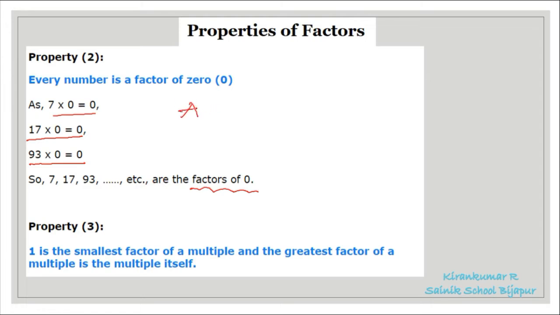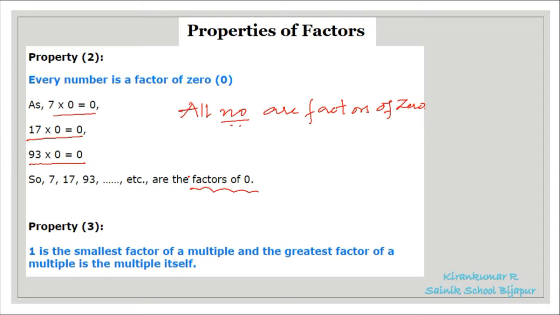So all numbers are factors of 0, because when all the numbers are multiplied with 0, we get 0 itself.